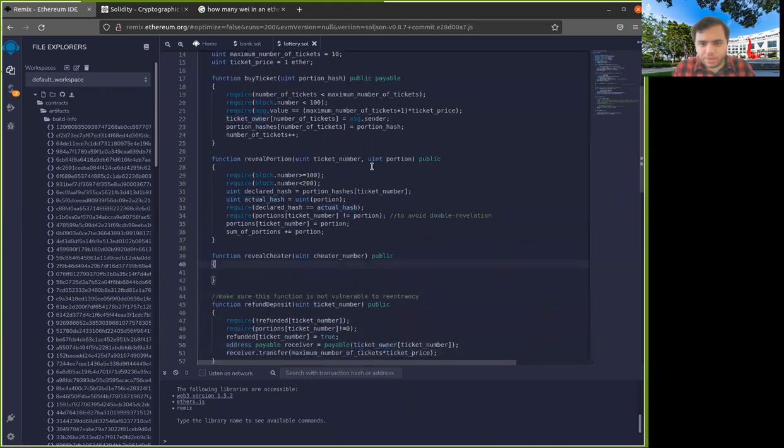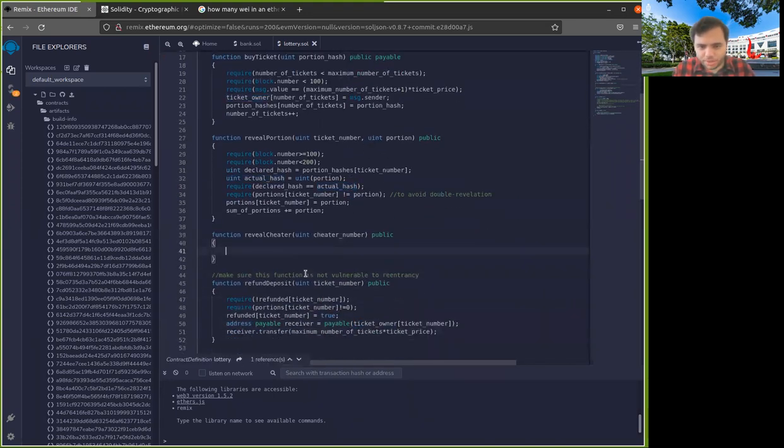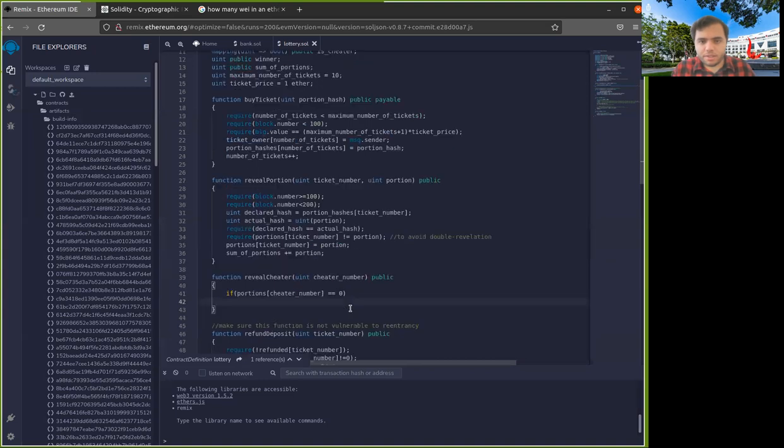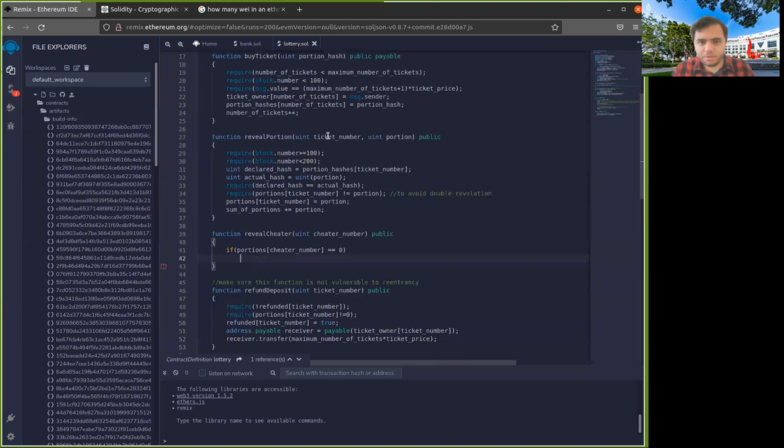And when someone claims that someone else was a cheater, I just say if the portion of this person who was claimed to be a cheater is 0, then set the isCheater to true.